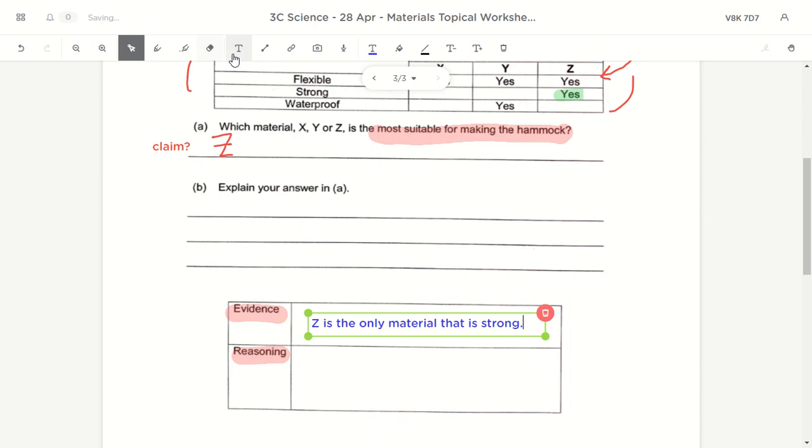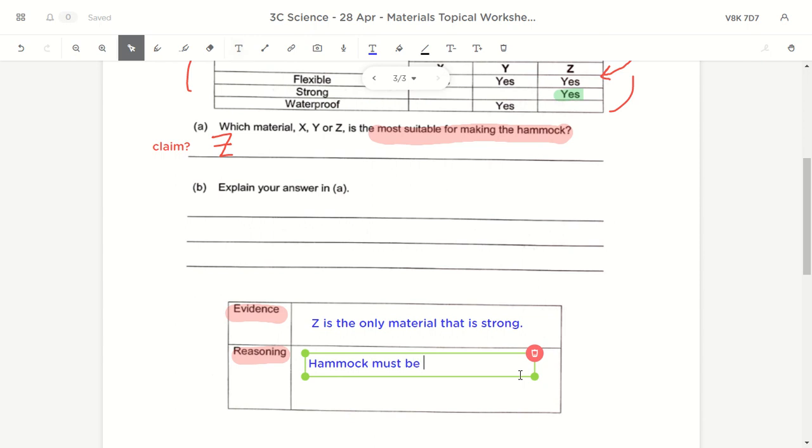So the reasoning: why must you go for something that is strong? Why not flexible? Why not waterproof at the start? Okay, because let's talk about hammock. Hammock must be strong.